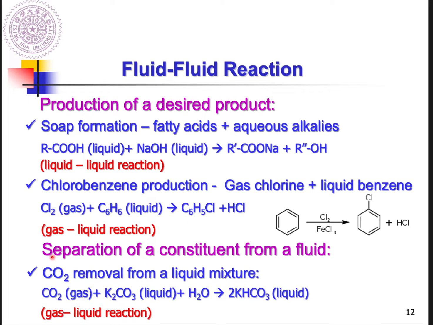And regarding the separation of a constituent from a fluid, for example, if you want to remove carbon dioxide from a mixture, then you can use this equation, right? Because gas carbon dioxide can react with K2CO3 in the liquid. Then you will get this liquid phase, so you have a chance to remove the carbon dioxide.